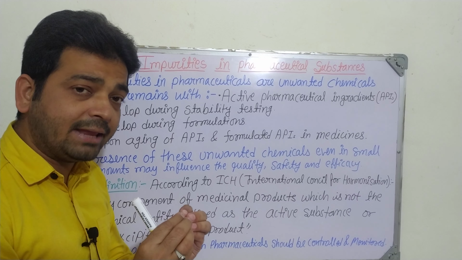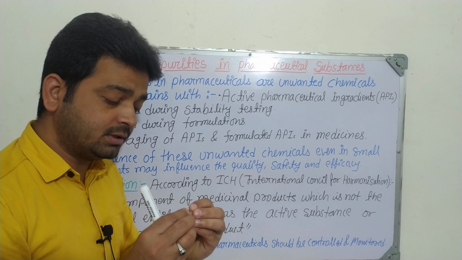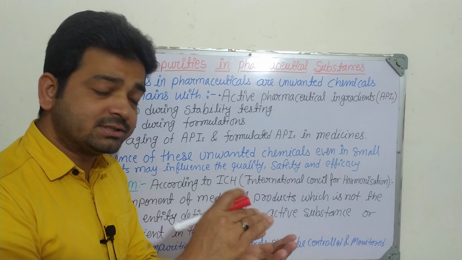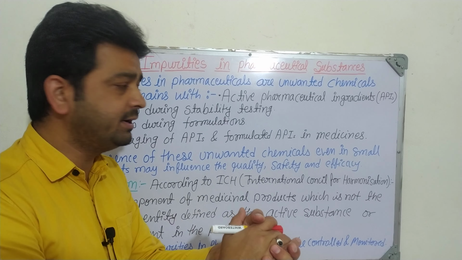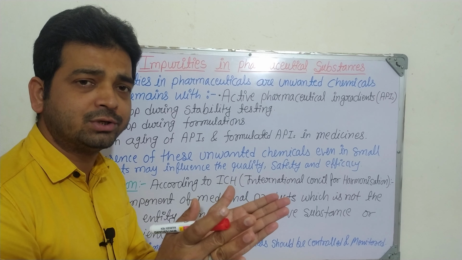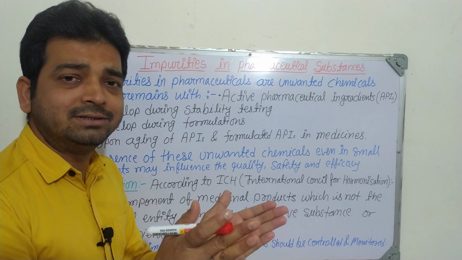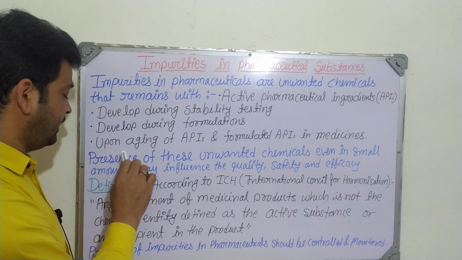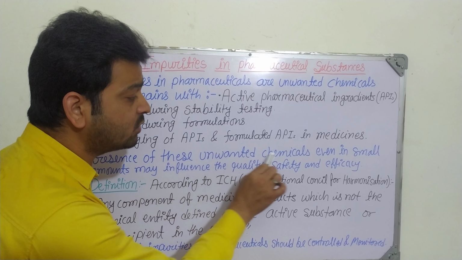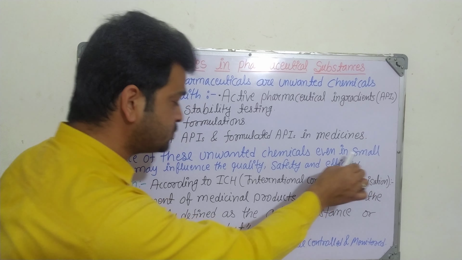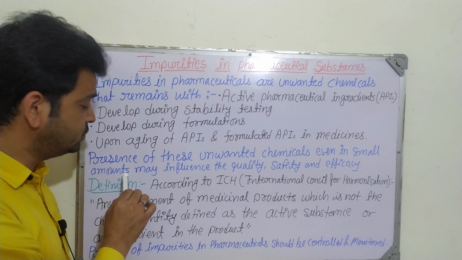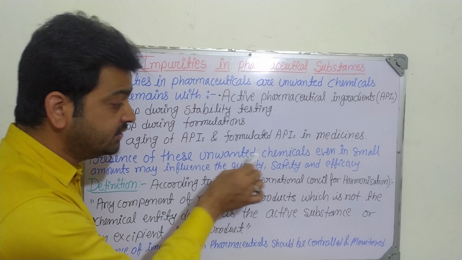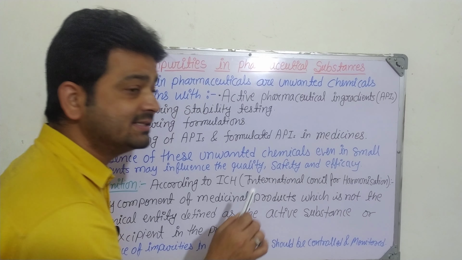As time passes and the active pharmaceutical ingredient reaches its time limit and crosses it, or with long-time storage, impurities will develop. So in short, the presence of these unwanted chemicals, even in small amounts, may affect the quality, the purity and the efficacy.